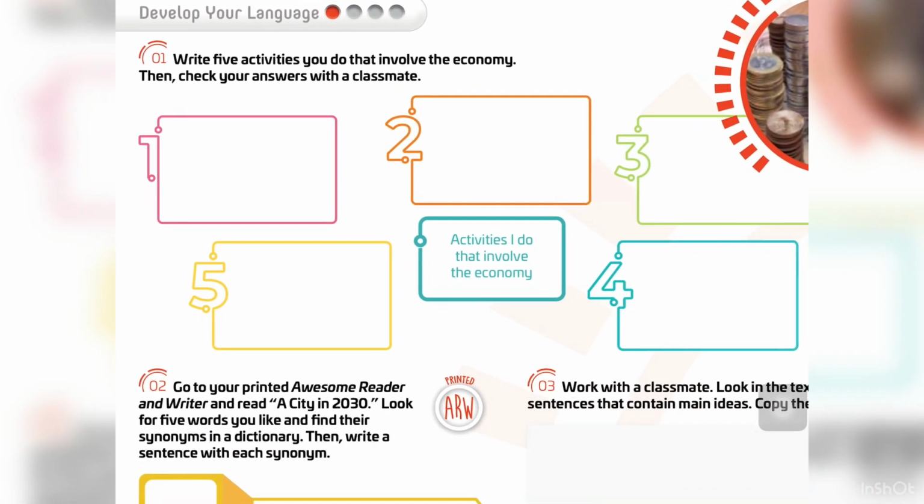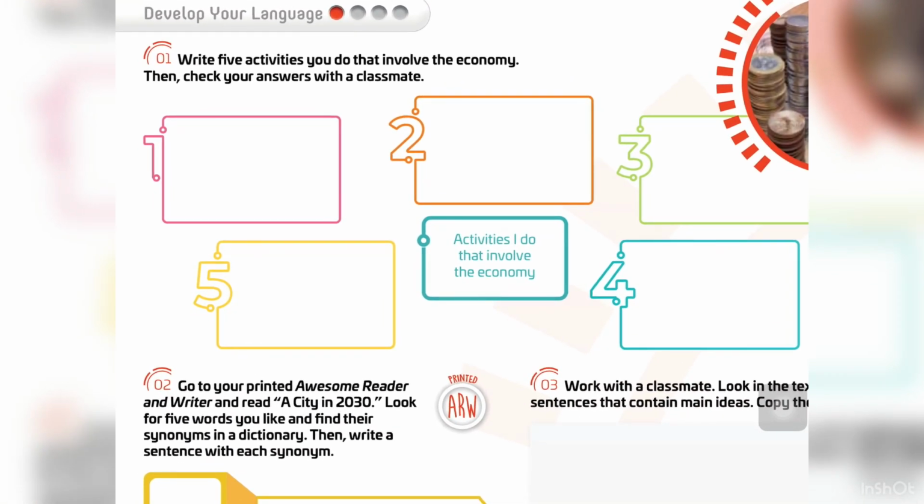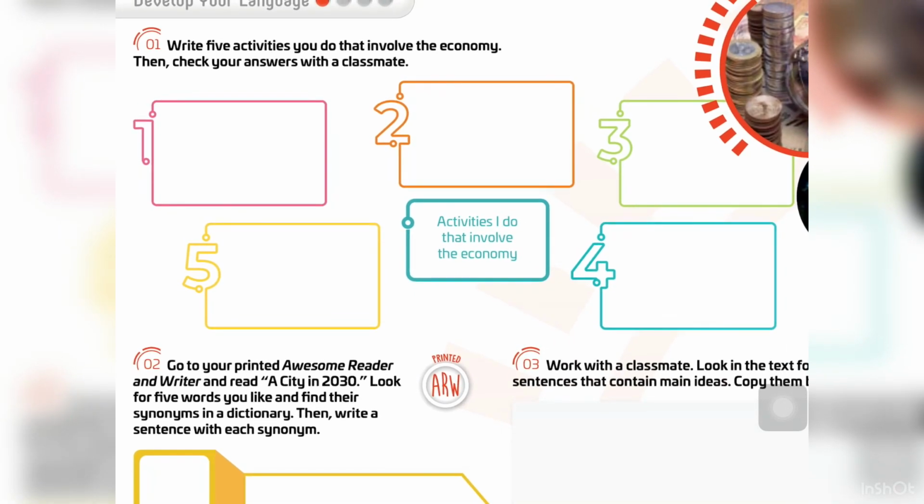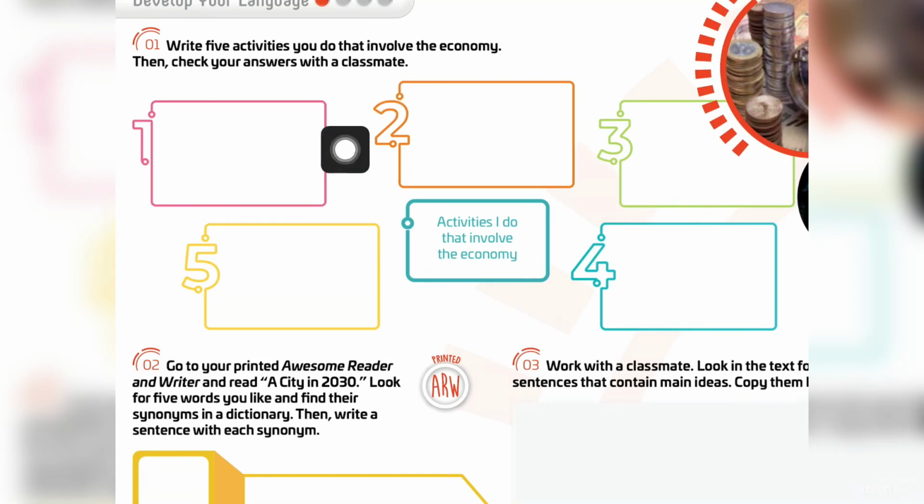I know that we have done this activity before, but we are going to share our opinions and comments in terms of the 5 activities we have found that involve economy.